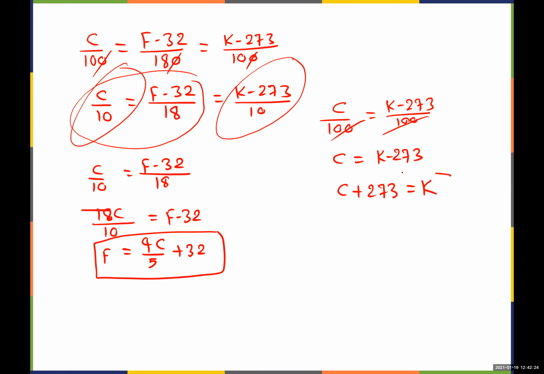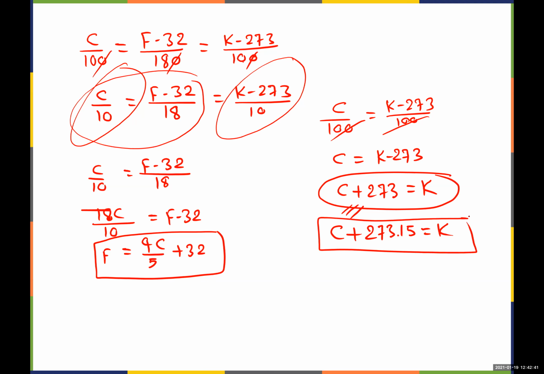So we can convert from Celsius to Kelvin scale, or we can write, in a more accurate form, C plus 273.15 equals Kelvin scale. So these two equations will give you the conversion from one scale to the other.